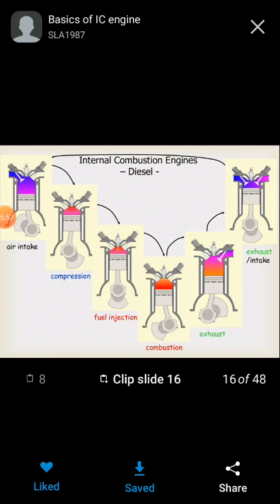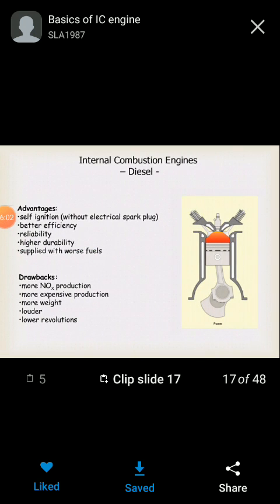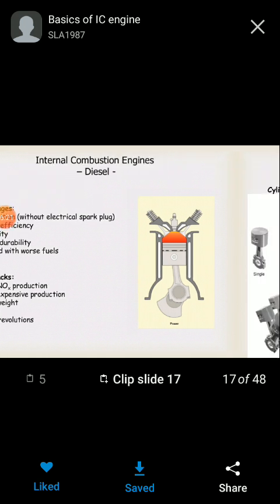For the diesel cycle engine, the advantages are self ignition, better efficiency, reliability, higher durability, and it can be supplied with raw fuels. Drawbacks: more expensive, more weight, louder, and lower revolution.